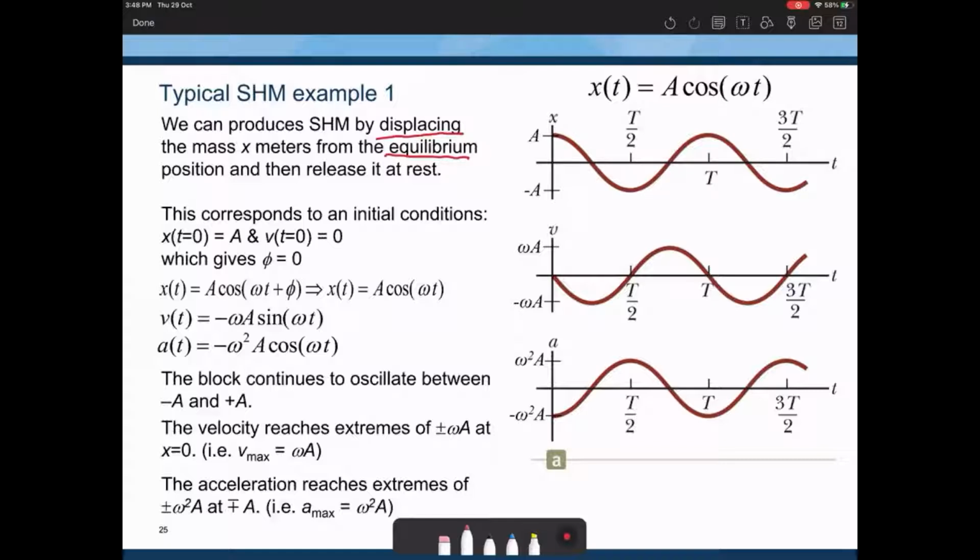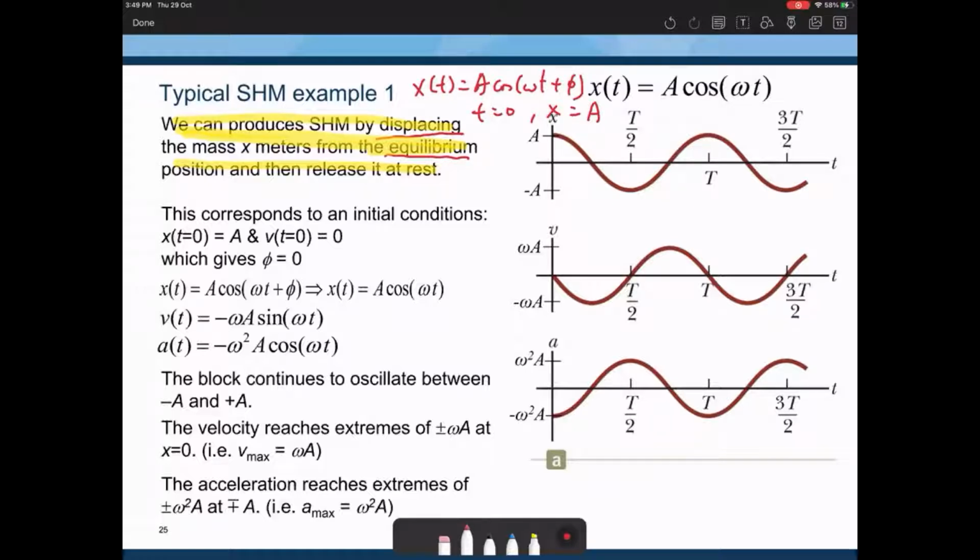If the general solution is x(t) equals A cosine omega t plus phi, when you are given the initial conditions like this, that means when t is 0, x is equal to A, because it is displaced from the equilibrium position at the beginning.